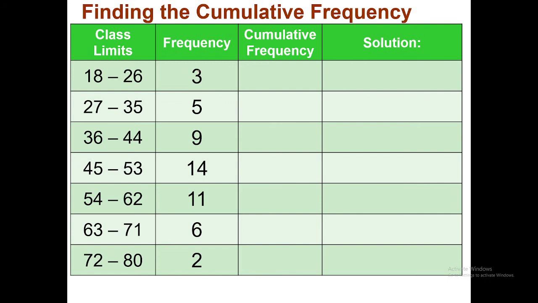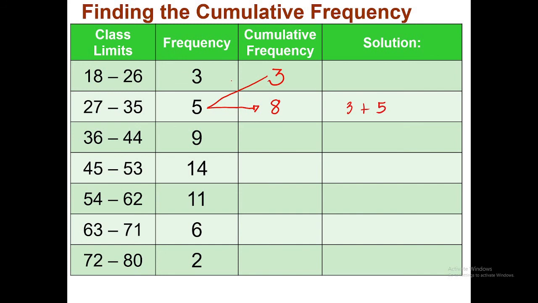Whatever is the topmost frequency that you found in the table, that is the first cumulative frequency that you will be writing there. Next, you move diagonally. What is 3 plus 5? Okay, and you write your answer over here, the number 8.